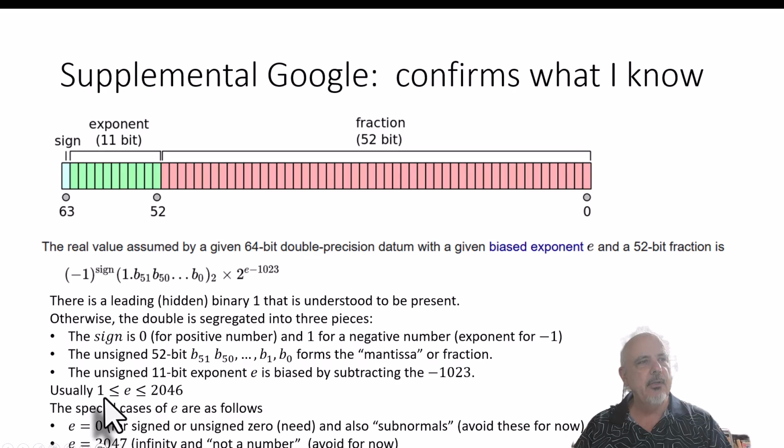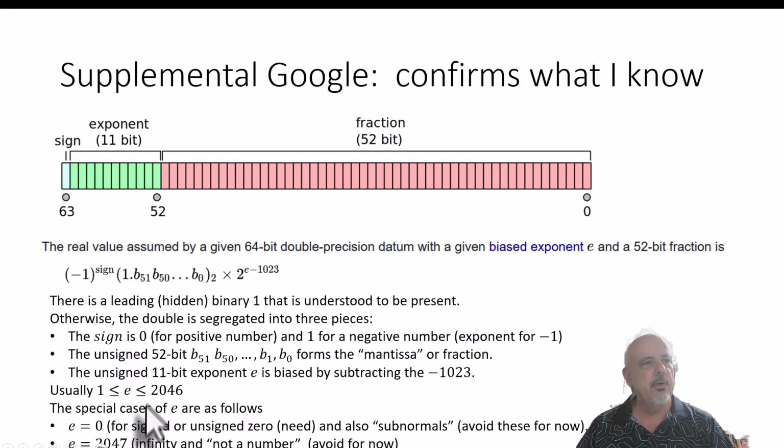Nominally you can think of it as 1 going to 2046, but the real value is biased, so you have to think about subtracting off 1023. So 1023 is 2 to the 10th minus 1. And then 2047 is 2 to the 11th minus 1.